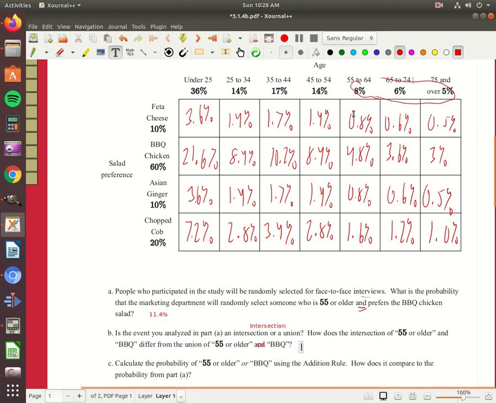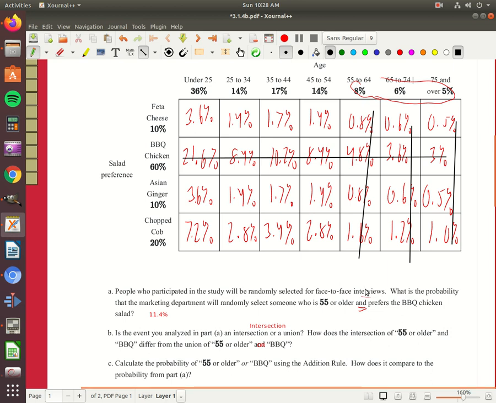The difference would be, if it was the or question, we would want to count all of these people, all of these people, all of these people, and all of these people. So we would add them all up. It says calculate the probability of 55 or older or barbecue using the addition rule.